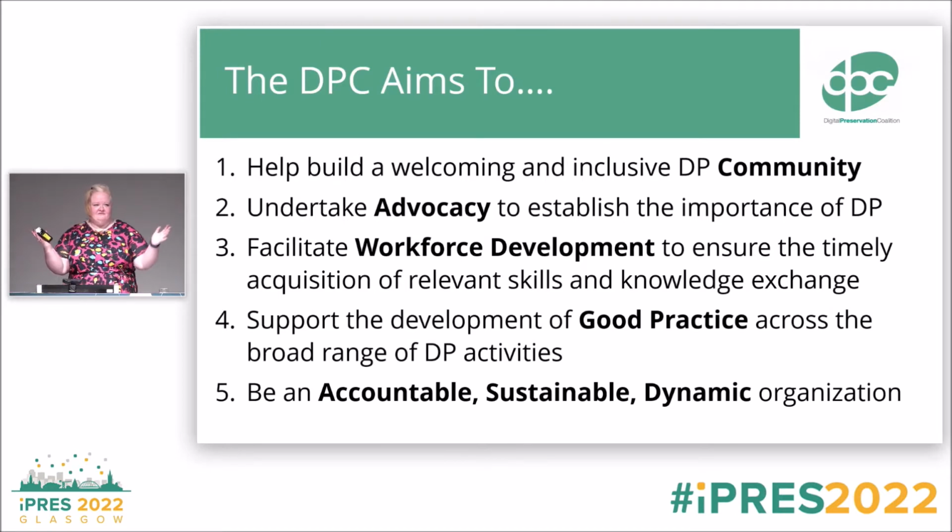My area, along with Amy, is to facilitate workforce development and the upskilling of the staff at our members. We also support the development of good practice, which is Jen and colleagues who look after that, across a broad range of digital preservation activities. And our 5th one is that we aim to be an accountable, sustainable and dynamic organisation. So, lofty aspirations there.